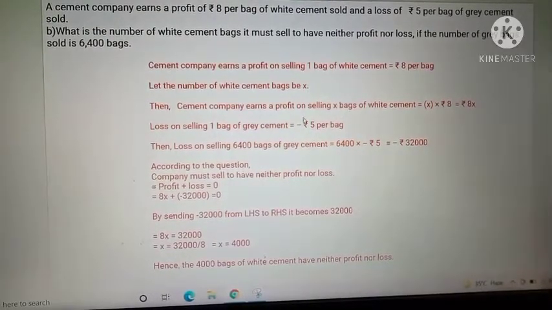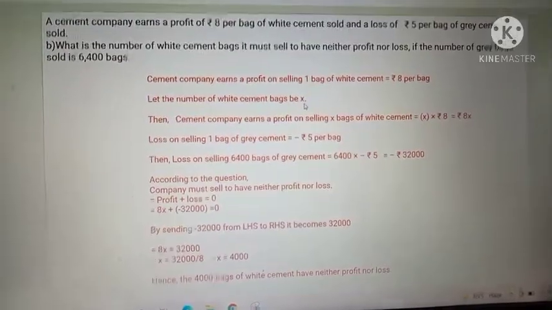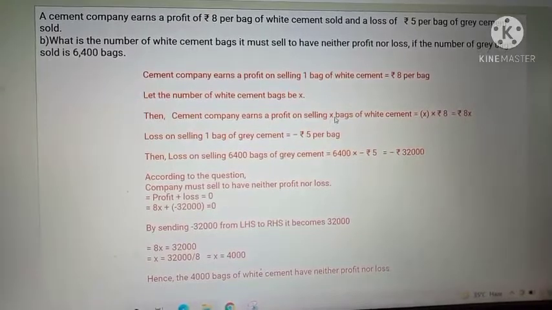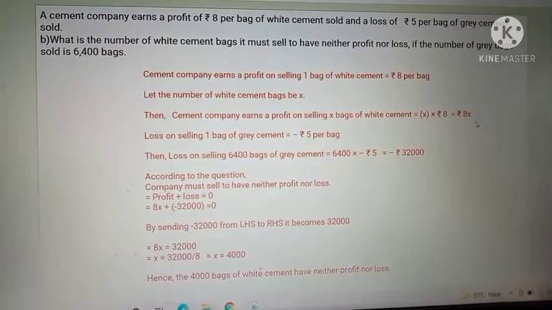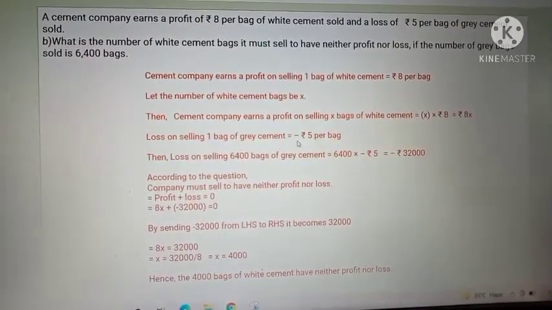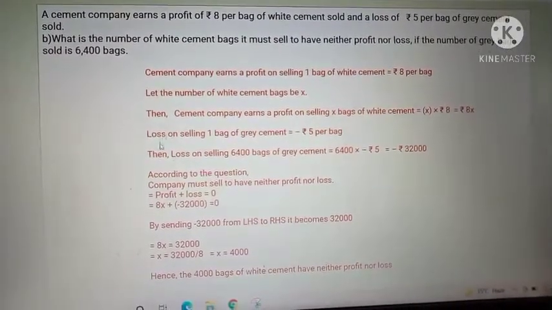We don't know how many white cement bags they sold, so we are taking it as X. Then the profit on selling X bags of white cement is X into rupees 8, that is rupees 8x. Now the loss on selling one bag of grey cement is minus rupees 5 per bag, since it is a loss.